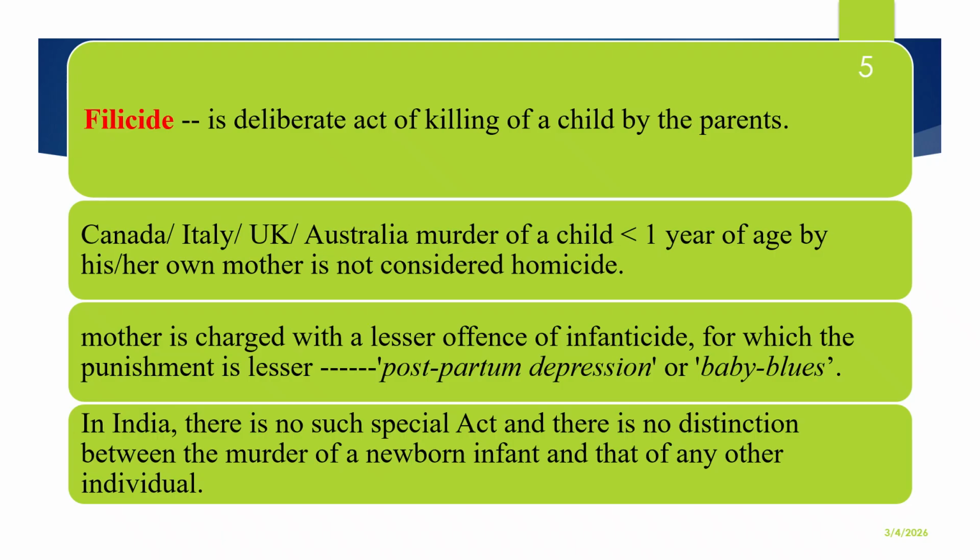But in India, nothing of such sort is considered. There is no distinction between murder of a newborn infant or murder of any individual. So the punishment for both is the same.